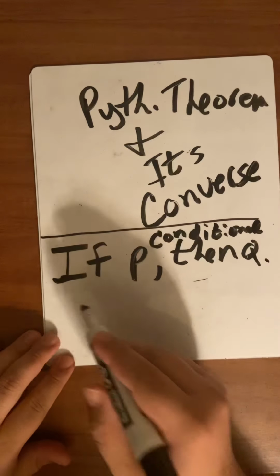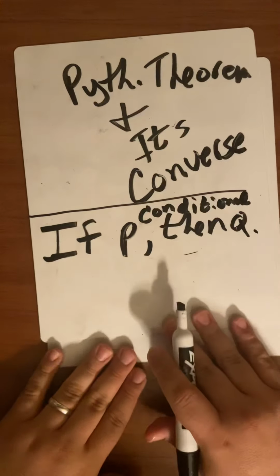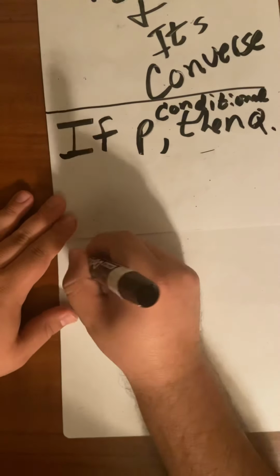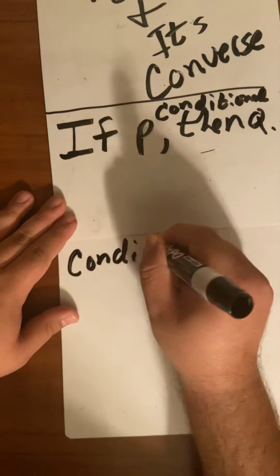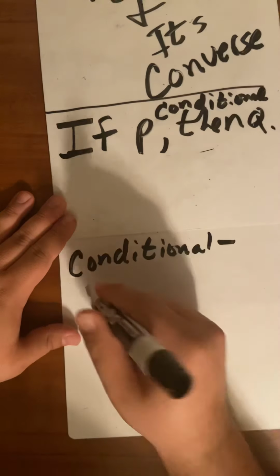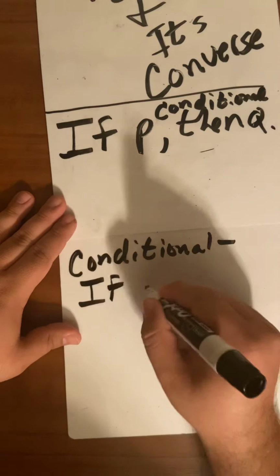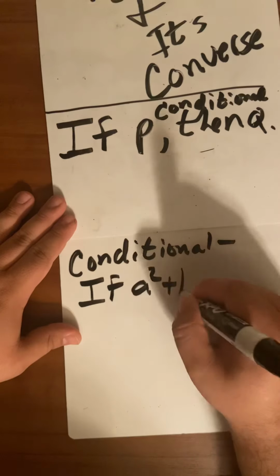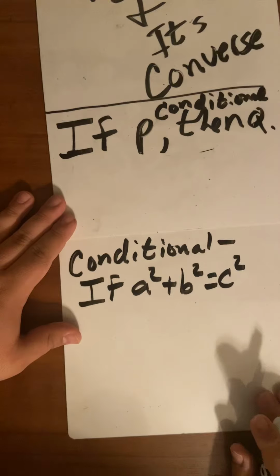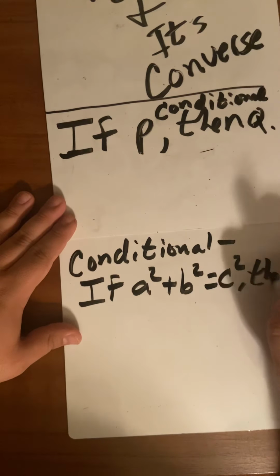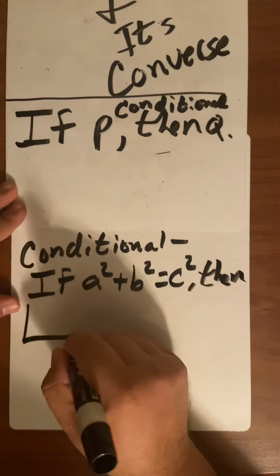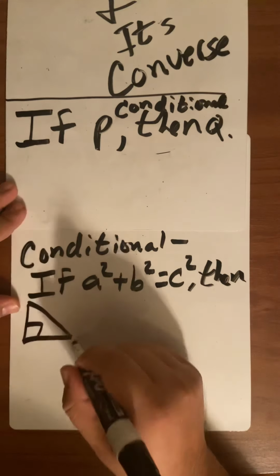Okay, so in regards to the Pythagorean theorem, our conditional statement is: if a squared plus b squared equals c squared, then we have a right triangle.